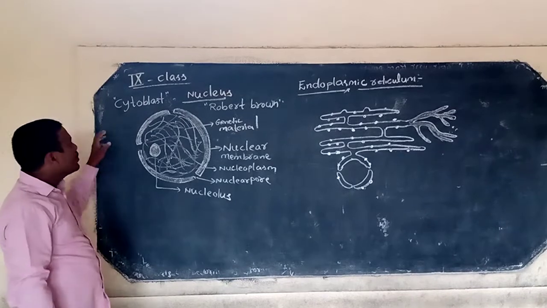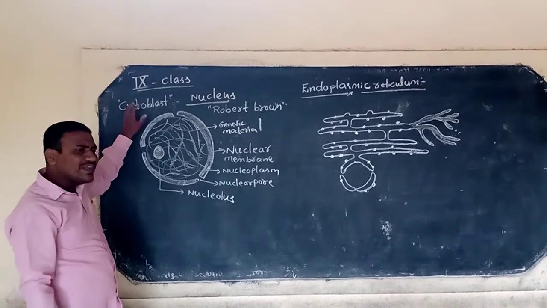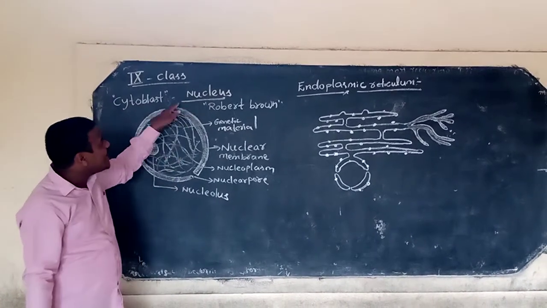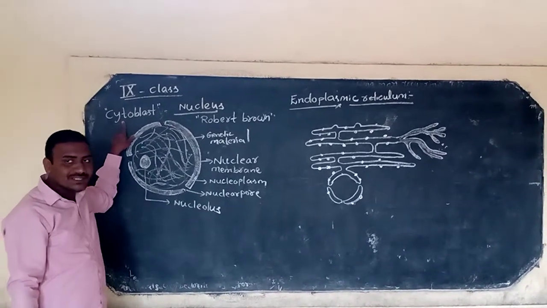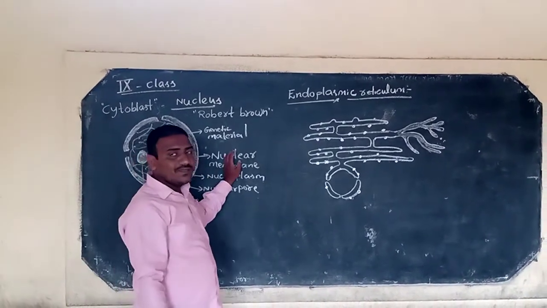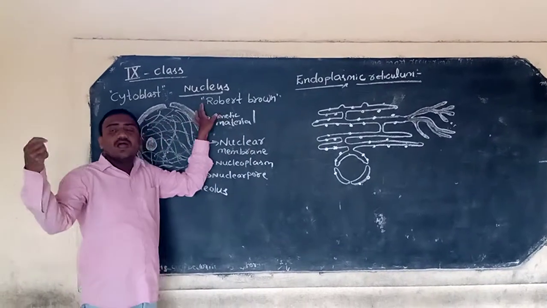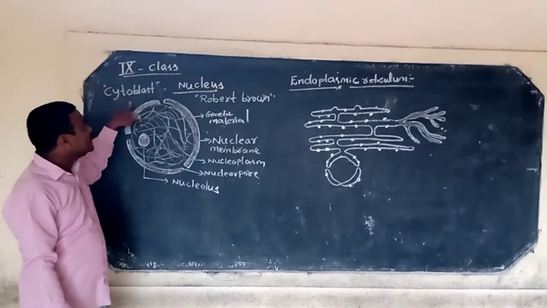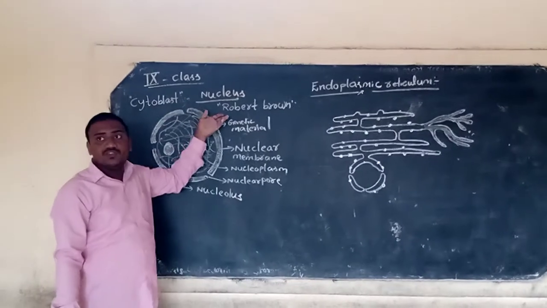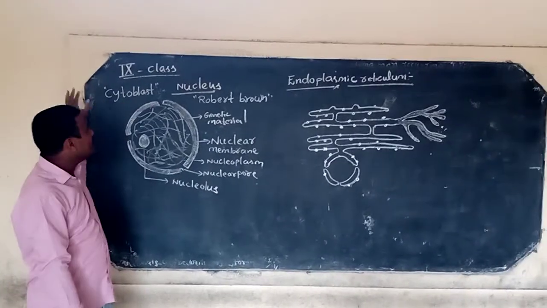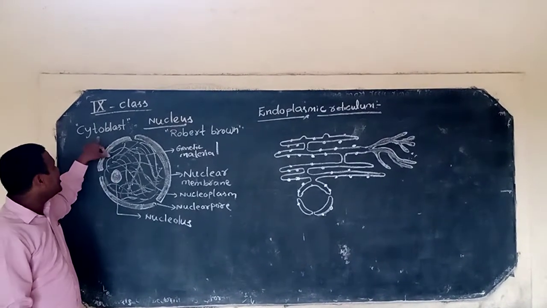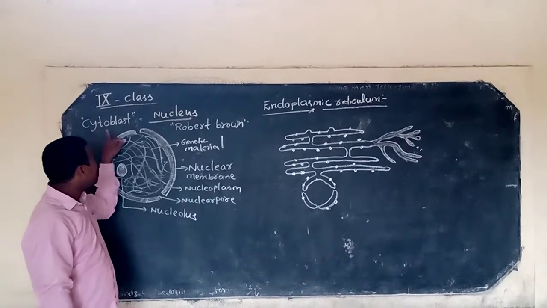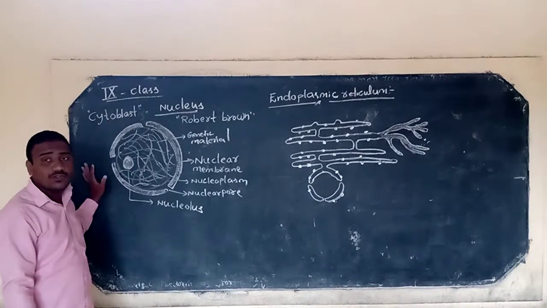Why did they give the name cytoblast to the nucleus? They imagined that the new cells are formed from the nucleus only. So that's why they gave the name cytoblast.